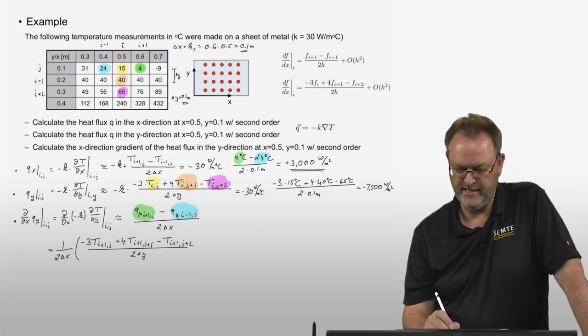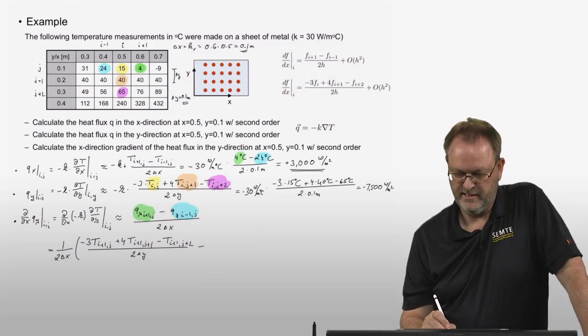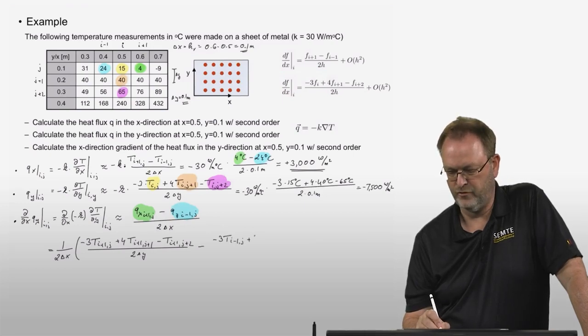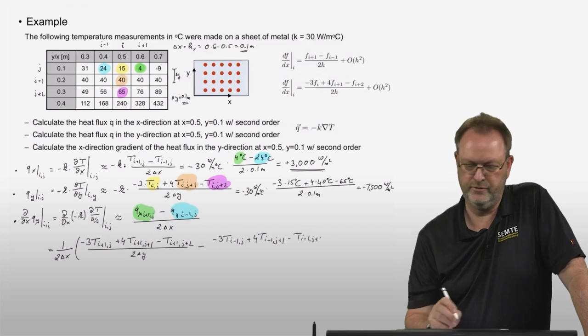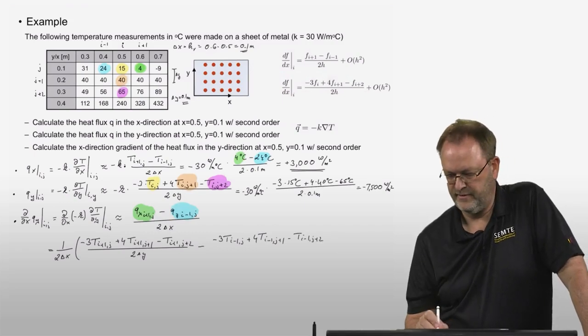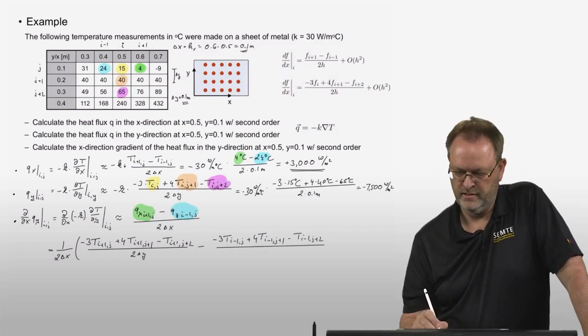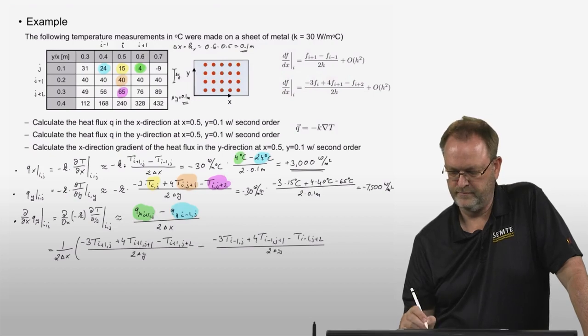So that would be minus 3 T at i minus 1, j plus 4 T at i minus 1 comma j plus 1 minus T at i minus 1 comma j plus 2, and then divide the entire thing by 2 delta y.